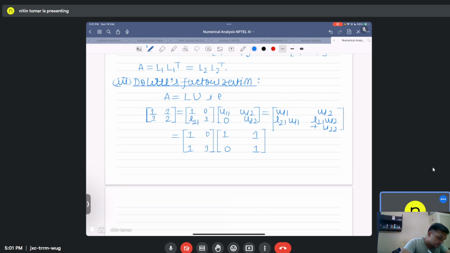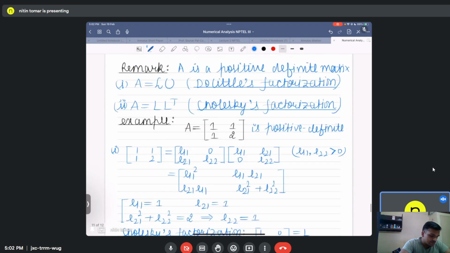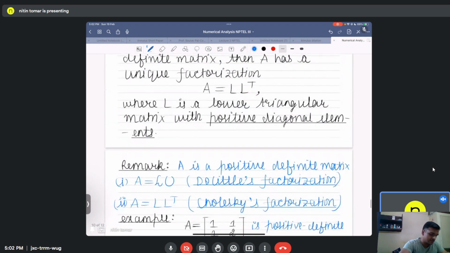But remember that they can be different. If you have any doubt, please ask. I think this was a computationally heavy session, right? Yes, sir.